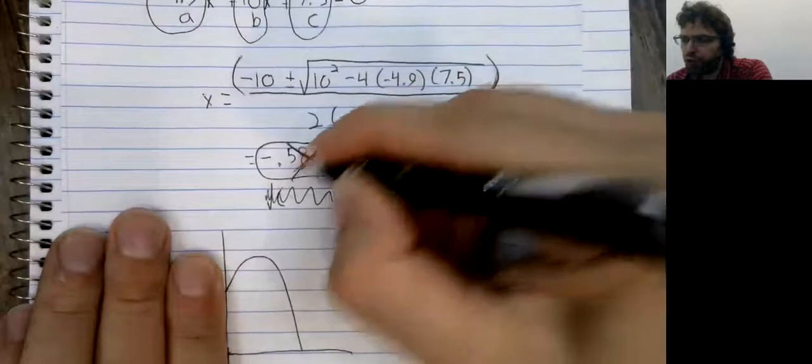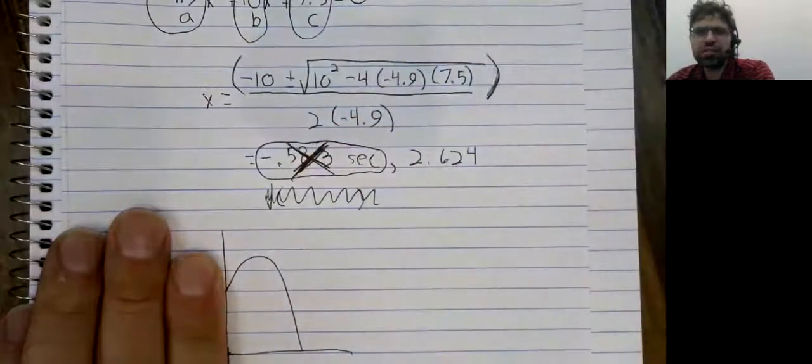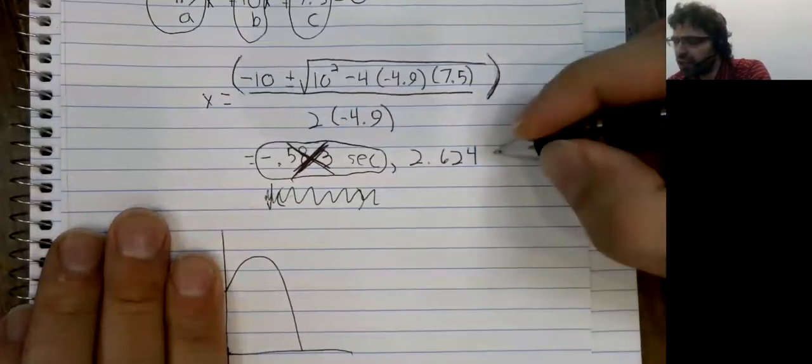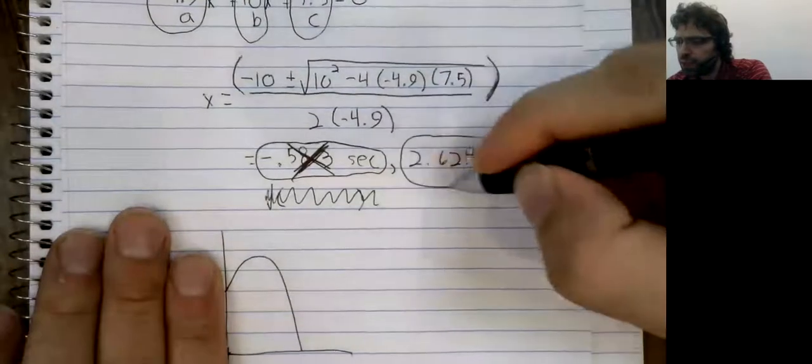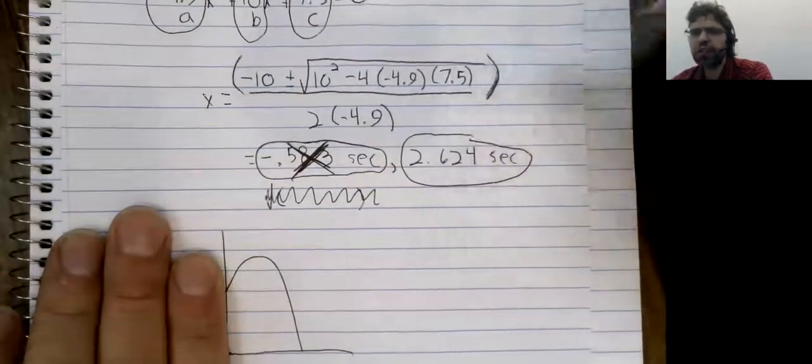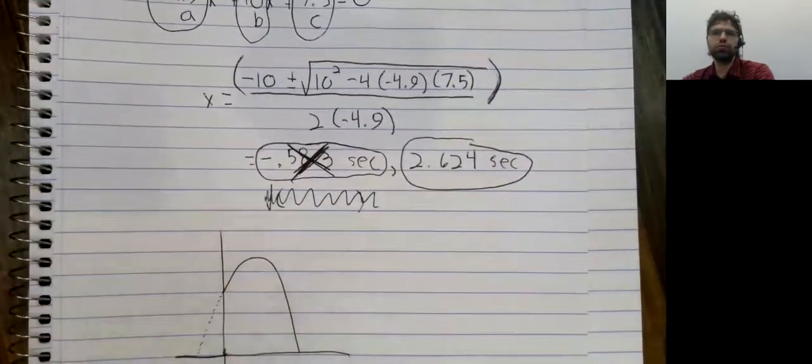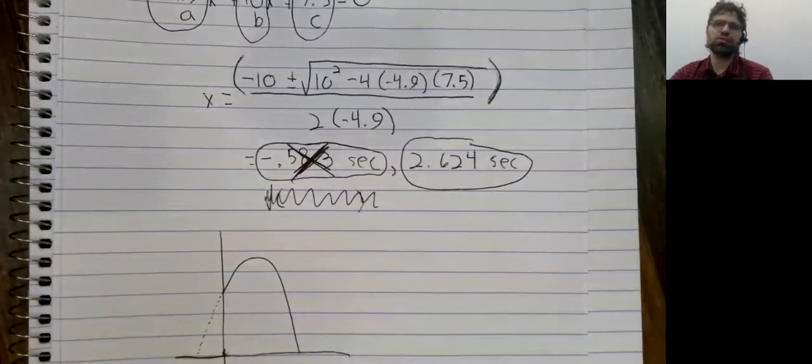So we'll cross out that solution. It doesn't make any sense. The object can't hit the ground after a negative number of seconds. And we'll be left with only one solution that works.